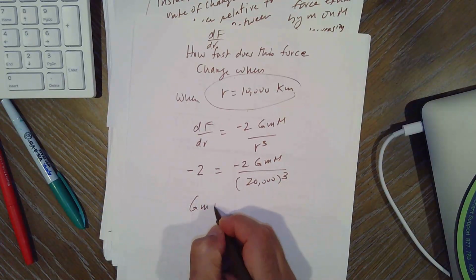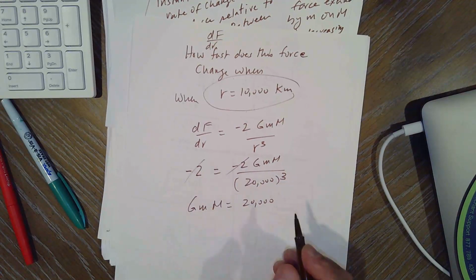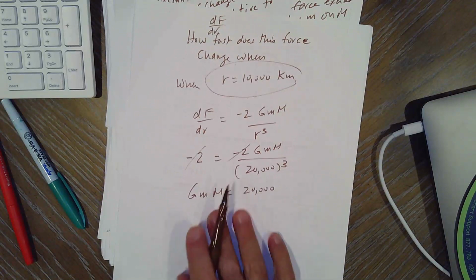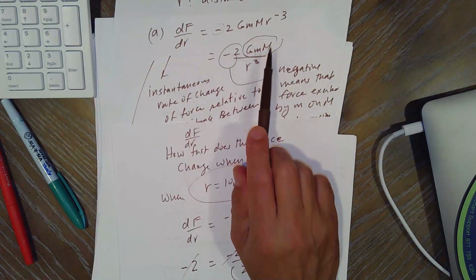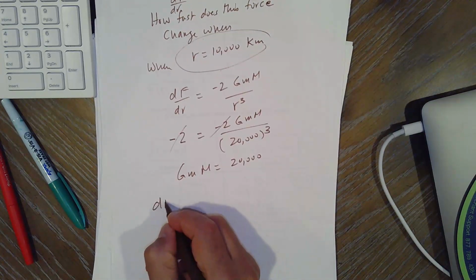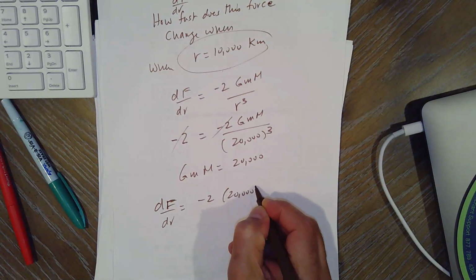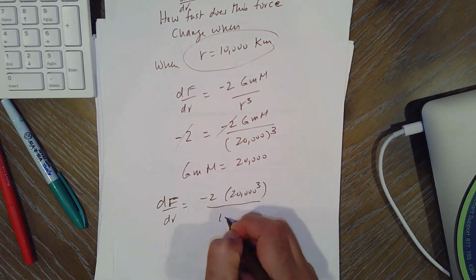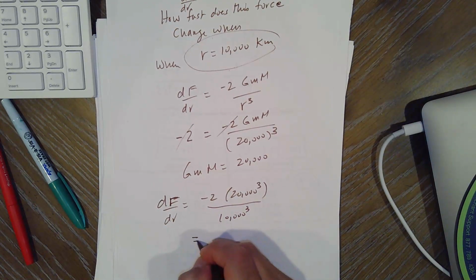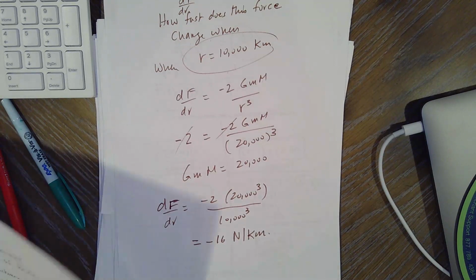So G m M equals 20,000 cubed, because the negative 2s cancel and you cross multiply. Now we put that in, and r is 10,000. dF by dr is negative 2 times 20,000 cubed over 10,000 cubed, which is negative 16 newtons per kilometer. So that force is decreasing at the rate of 16 newtons per kilometer.